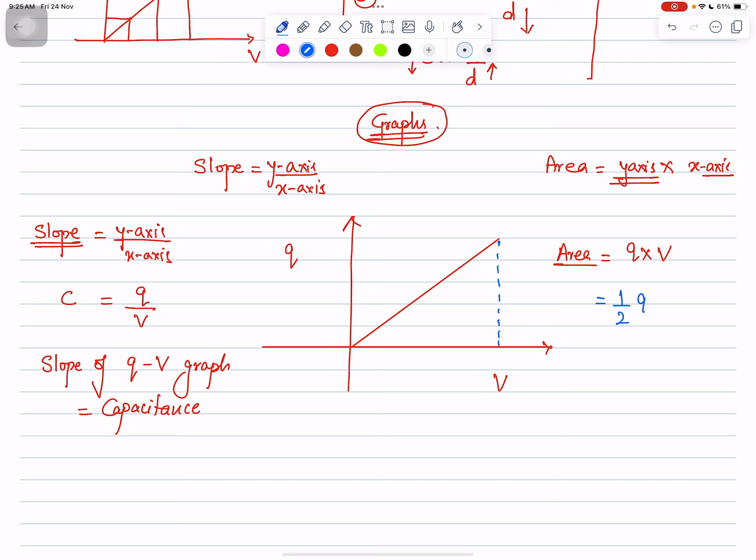Half times Q times V, which is equal to your energy. Remember this thing. If you are trying to find the area under the QV graph, you will get the energy of the capacitor.